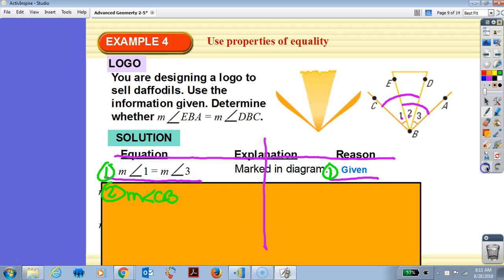Actually, I'm going to write it in the same order that they wrote it. So the measure of angle DBC equals the measure of angle DBC, 1 and 2. And that is angle addition postulate.